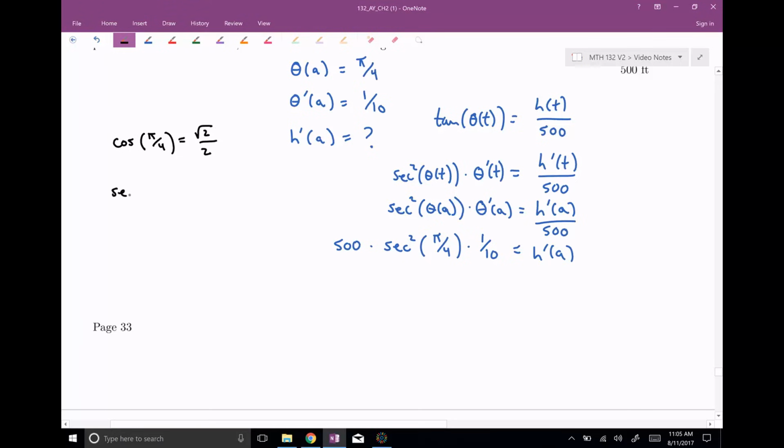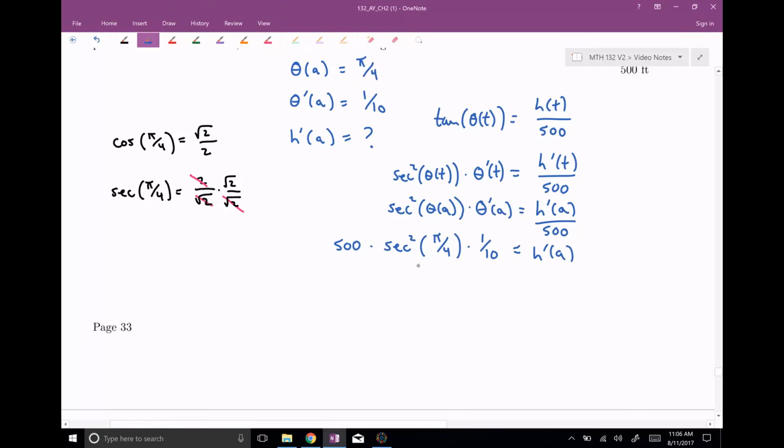So therefore secant of pi over 4, the reciprocal, is 2 over root 2. And if you rationalize this denominator by multiplying by root 2 over root 2, something nice happens. Root 2 times root 2 is just 2, so the 2 on the bottom cancels with the 2 on top, and all you're left with is root 2. So that's secant.